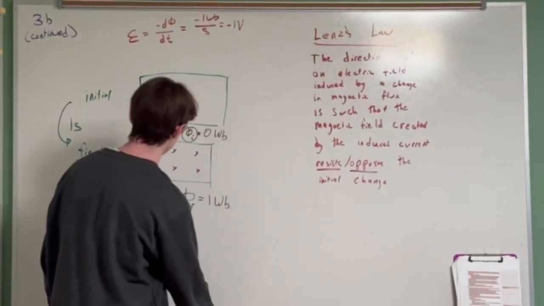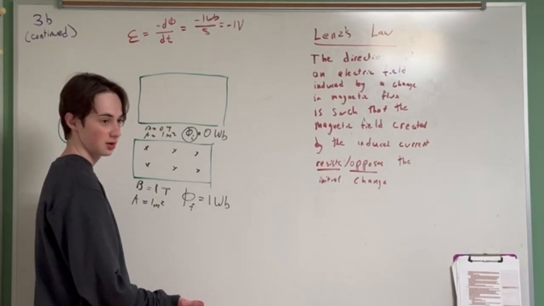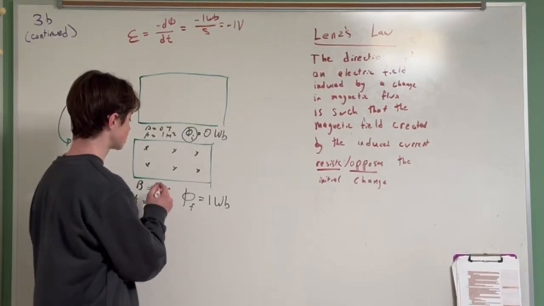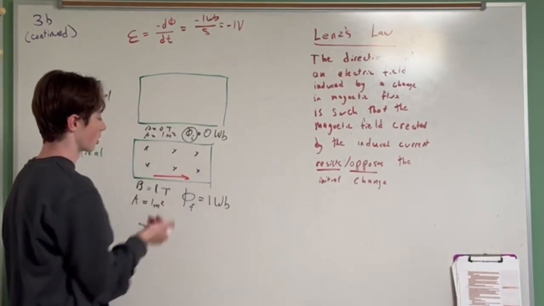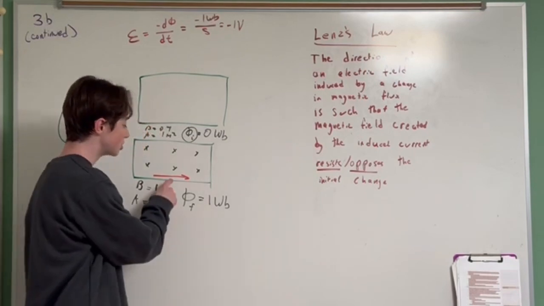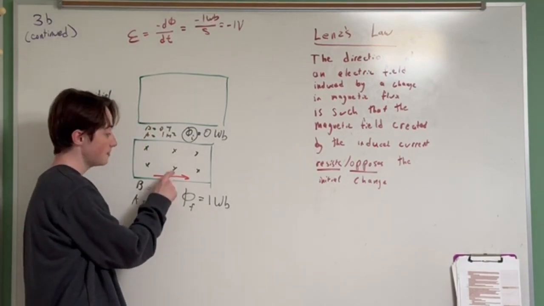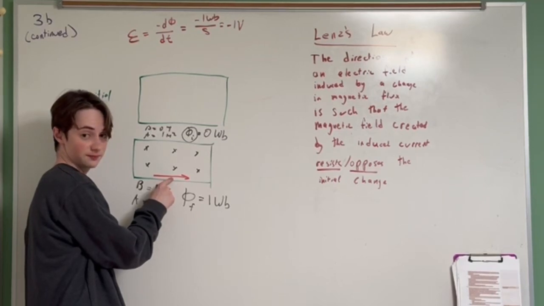All right. So let's imagine we don't know which way the induced current goes yet, but let's just guess. Maybe it's this way. It either goes clockwise or counterclockwise, and we have to determine. This induced current created by this change in magnetic flux also creates its own magnetic field.